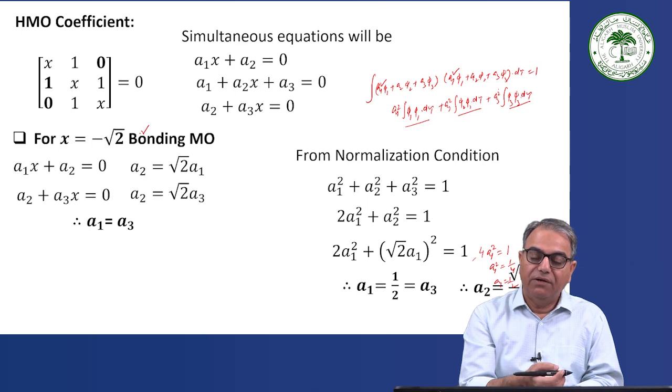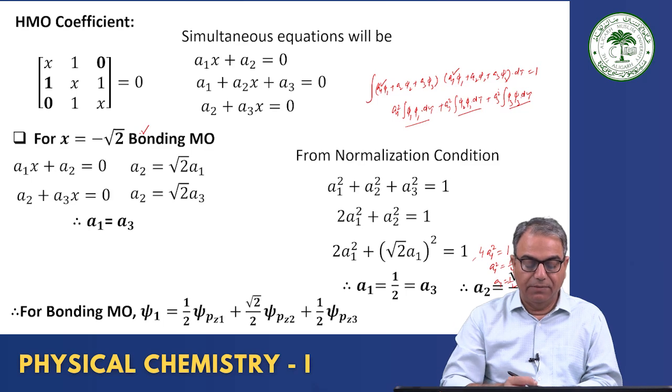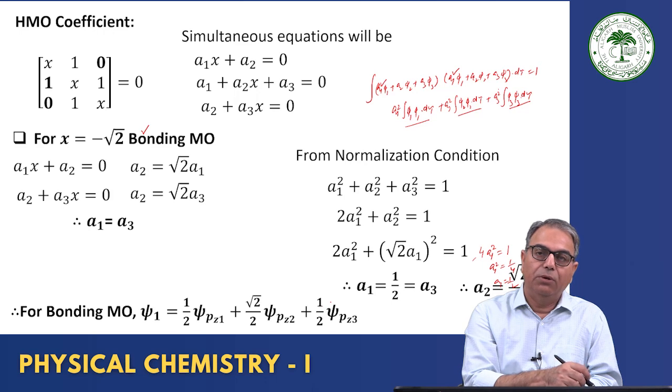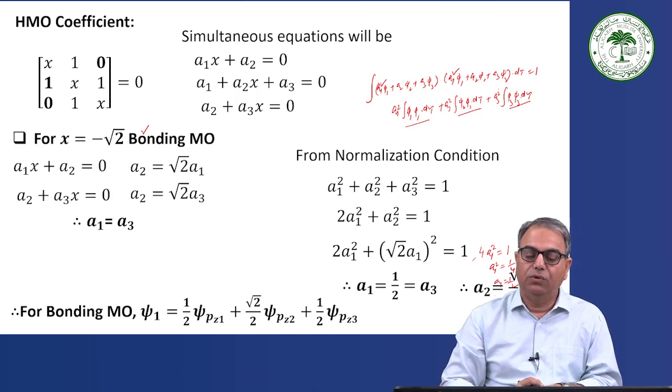So you can write the eigenfunction for the bonding molecular orbital, and it will be 1 by 2 psi pz1 plus root 2 by 2 psi pz2 plus 1 by 2 psi pz3. This is for the bonding molecular orbital, because I have taken the x value as minus root 2.